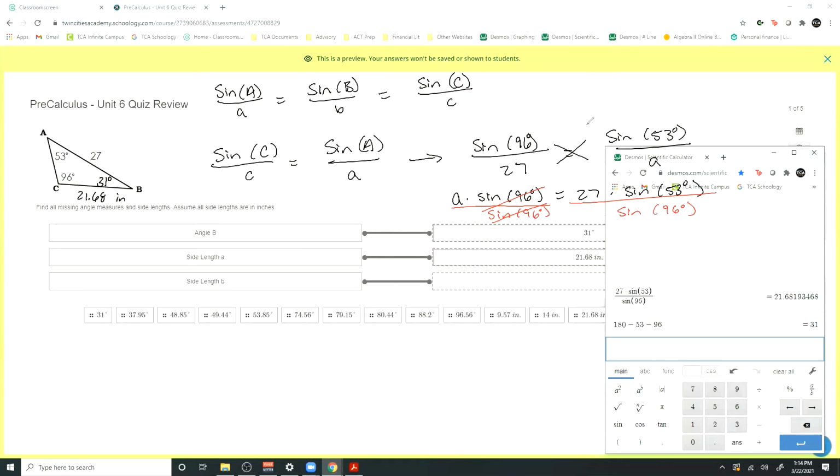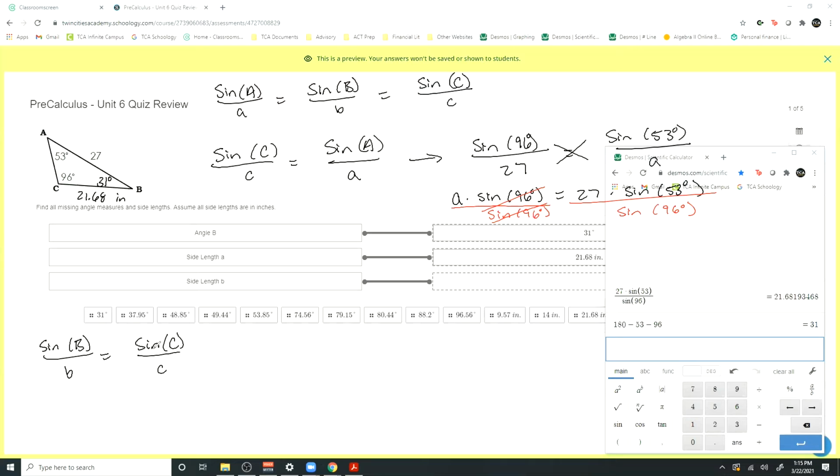All right, the last thing I can do here is use law of sines again. Now that I know angle B is 31 degrees, I can set up law of sines again, and it doesn't matter whether I use A or C in conjunction with B, since I now know angle A and its opposite side length, as well as angle C and its opposite side length. So let's do B and C. Sine of B over little b is equal to sine of C over little c.